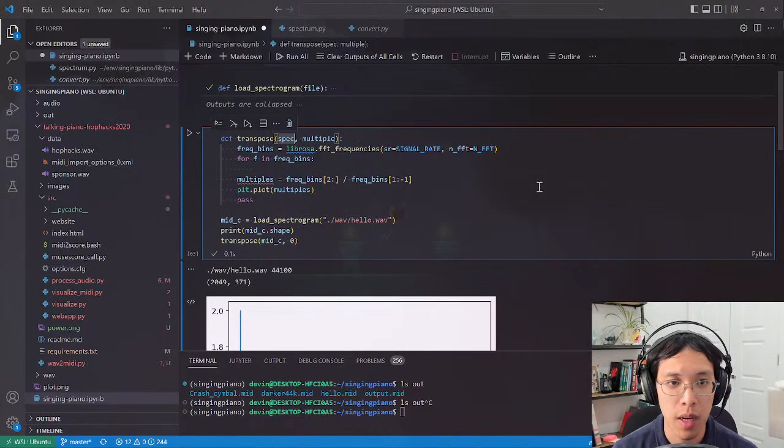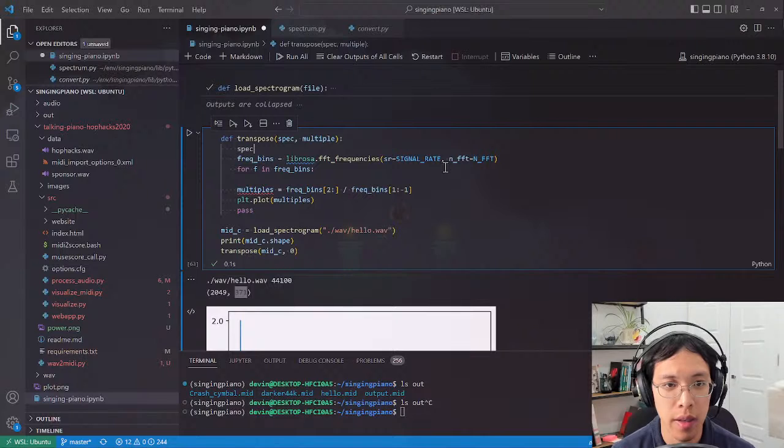So actually I need to go through spec, right? Let's actually do this for every single thing in spec. So spec has two dimensions. One is frequency, and the first one's frequency, right? The second one's time. So we want to go through the time dimension. So we want to go through all of this.